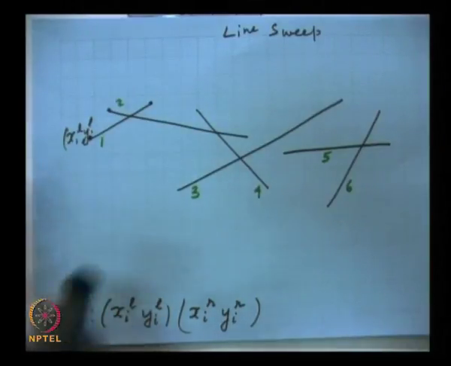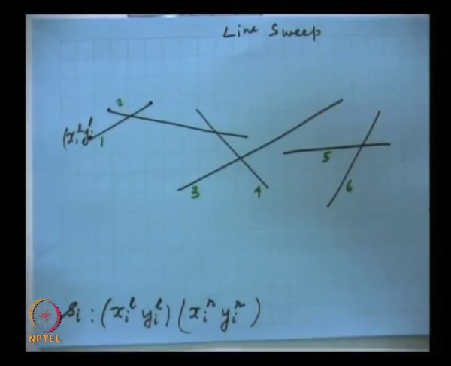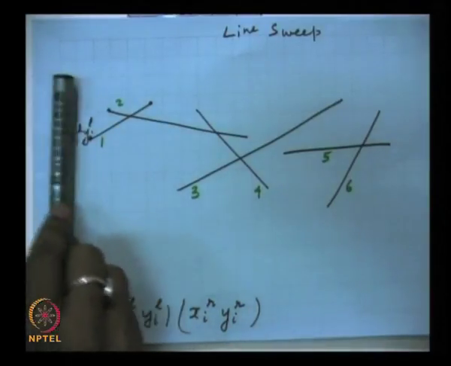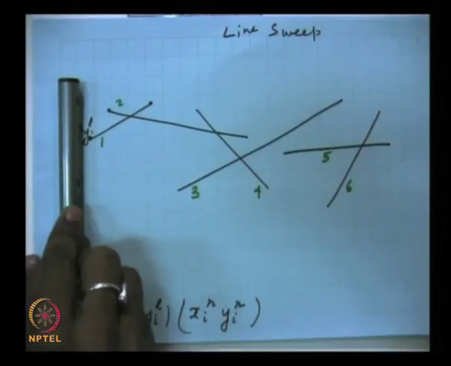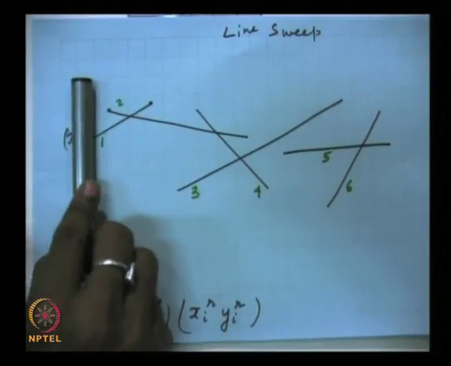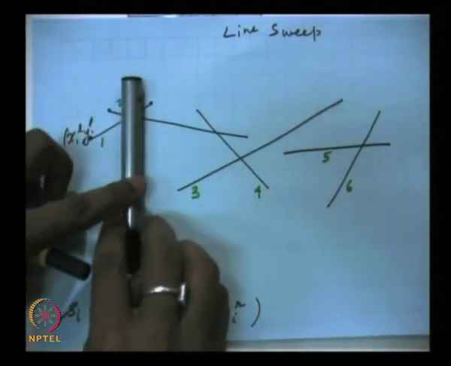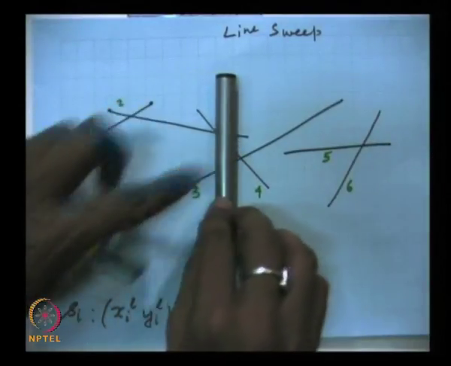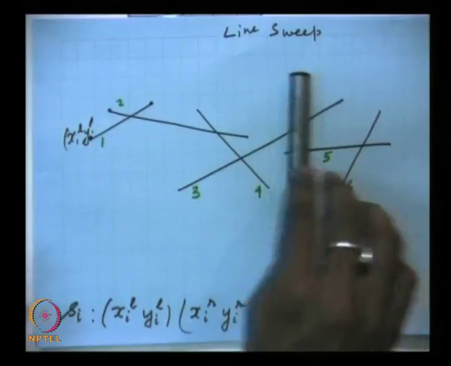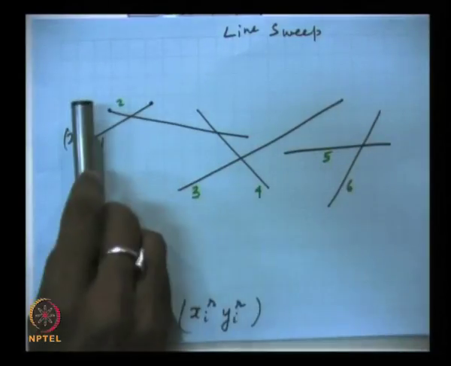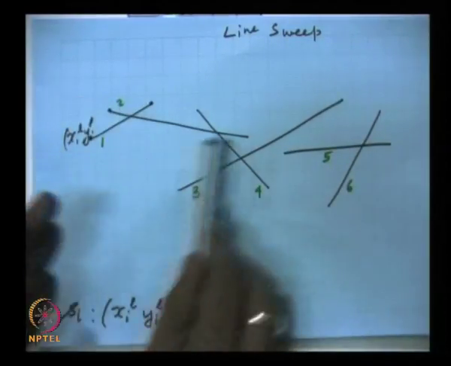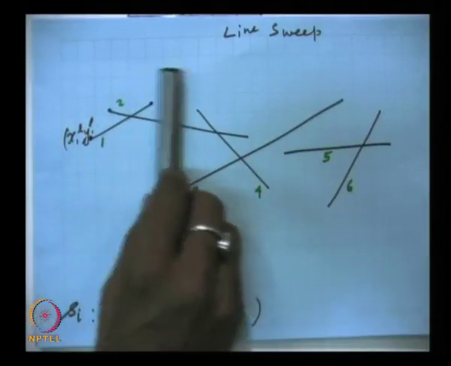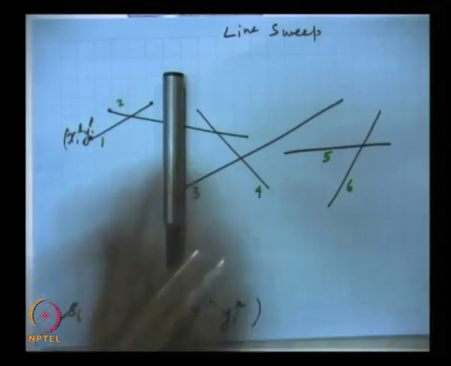So, when I say we start from here, hypothetically, what I am going to do is take a vertical line, starting to the left of the leftmost point, and pretend that I am translating that vertical line from the left to the right. It is like I am taking snapshots as I move from left to right. So, at any point of time, my snapshot is the intersection of this vertical line with the line segments.